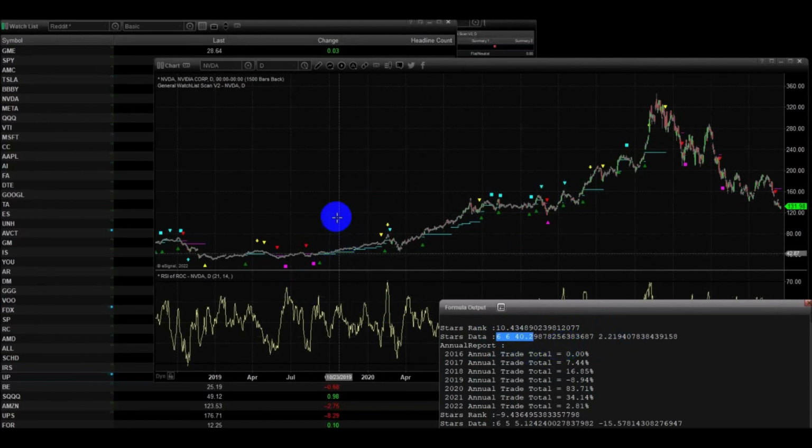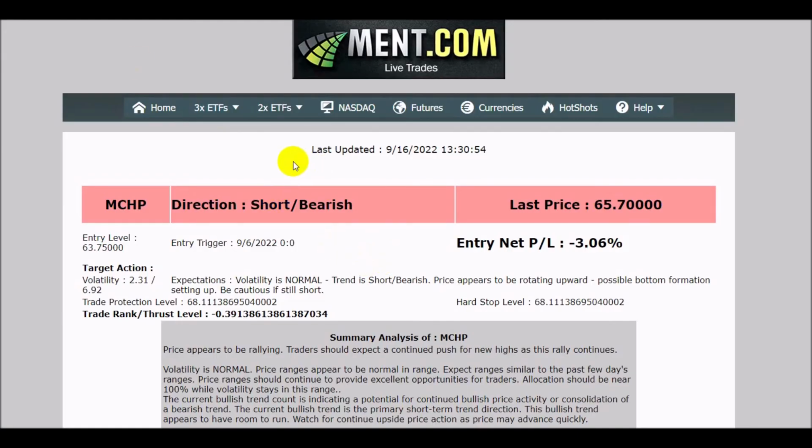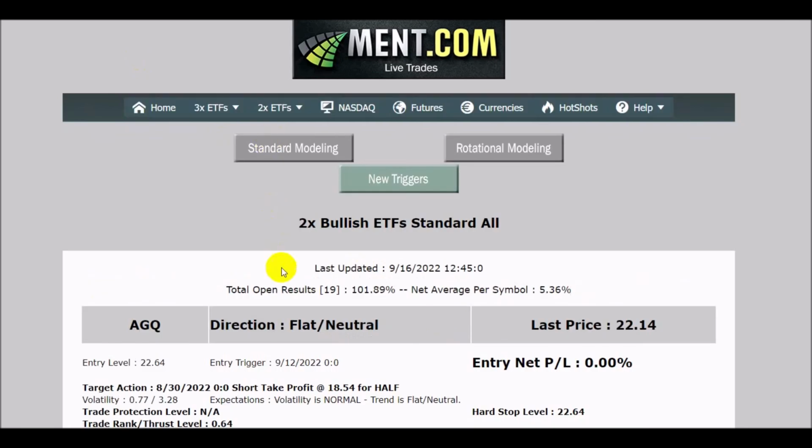Okay, so these are going to get integrated into LiveTrades back over here. It's going to give us an opportunity to see what's going on, and I'm going to restructure this menu to include some new Reddit trades. These two menus will be combined into one ETF menu. Then we will have the NASDAQ, the futures, the currencies. We'll modify the hot shots a bit, and then we'll include a couple extra lists.